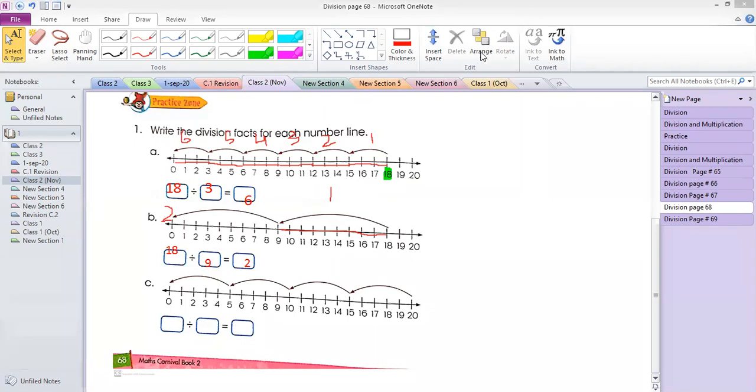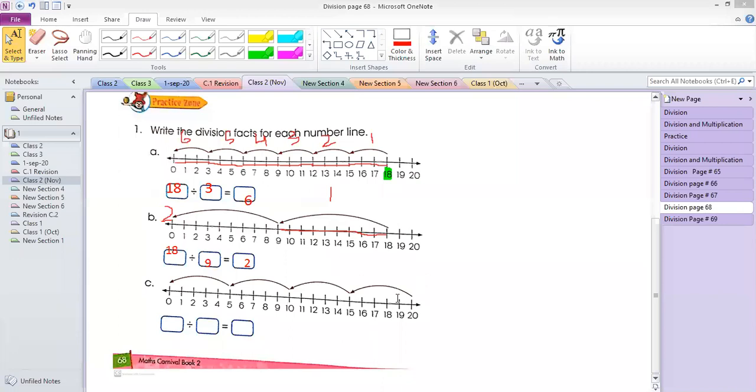So, answer me. See in question number 1, what is the dividend here? Which number has to be divided? Yes, 20.